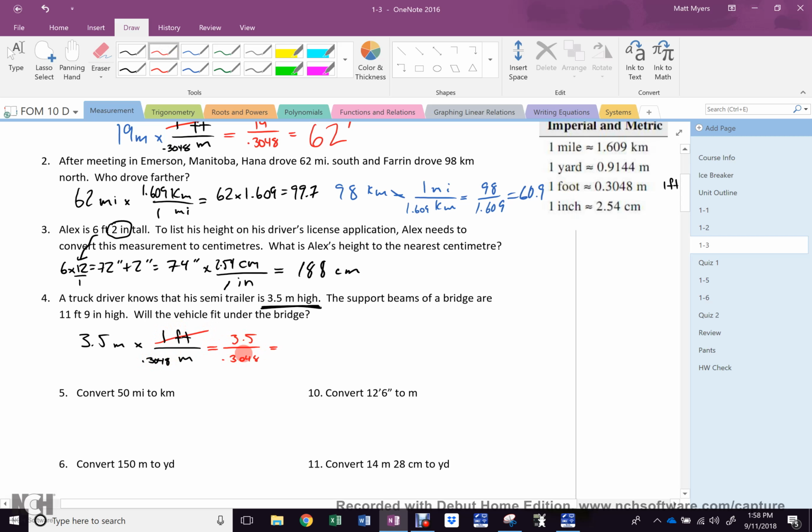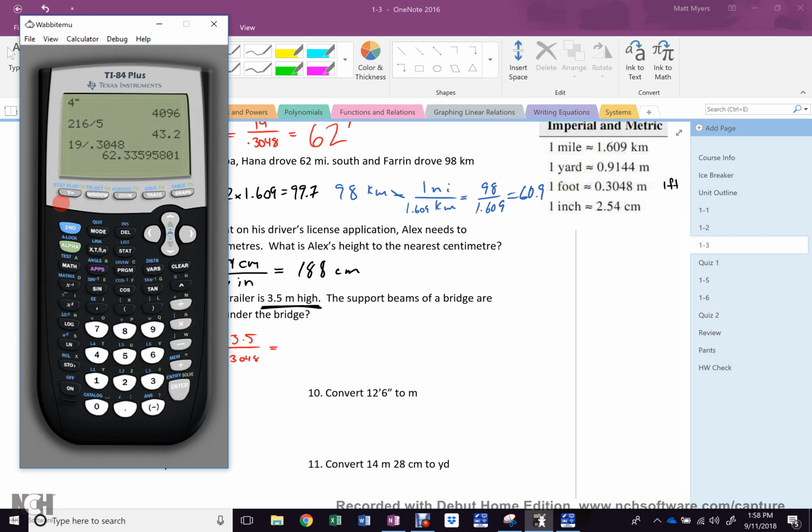And I just do that on my calculator like I see it. Everybody try it. Tell me the answer. How'd you do that? What, the calculator? 11.48. Right.